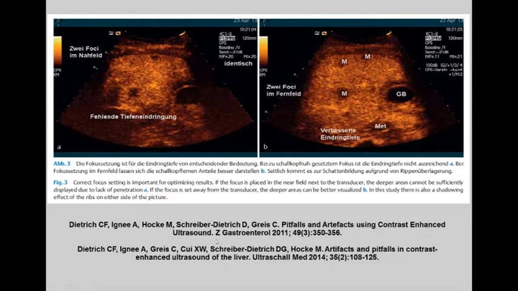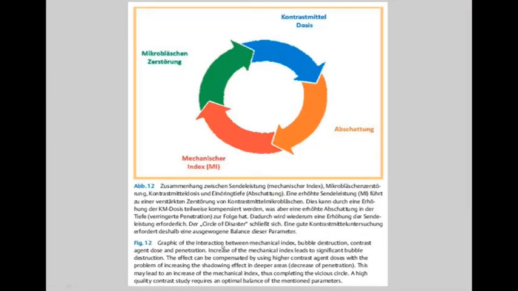If you are interested in avoiding such factors, I put in here some recommended reading. The interaction of mechanical index and bubble destruction is shown here. The higher the mechanical index, the more bubble destruction, you will increase the contrast dosage, there will be shadowing, you will increase the mechanical index, and this is a circle of disaster we have to avoid by a low mechanical index.